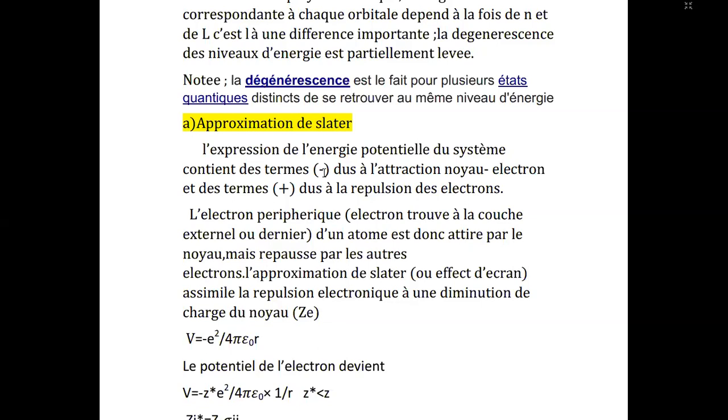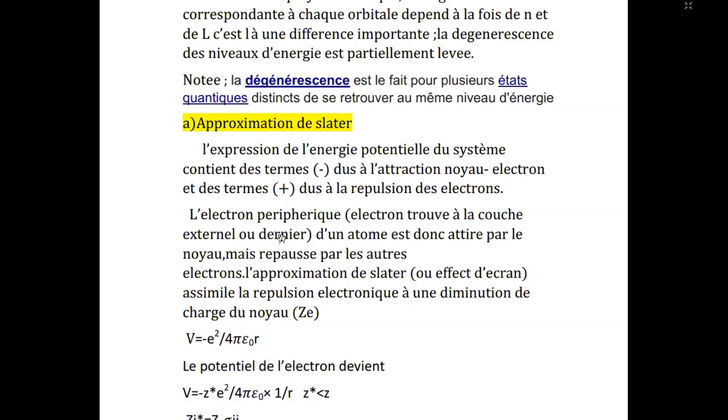So we see that the peripheral electron, the electron of the external or last shell, which I've already explained, meaning an electron found at the outermost shell, d'un atome est donc attiré par les noyaux, mais repoussé par les autres.